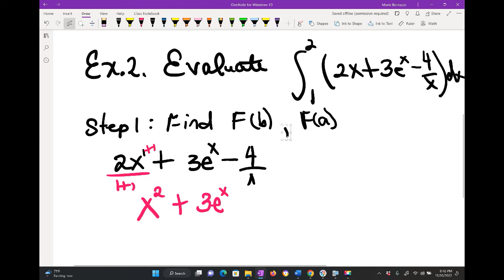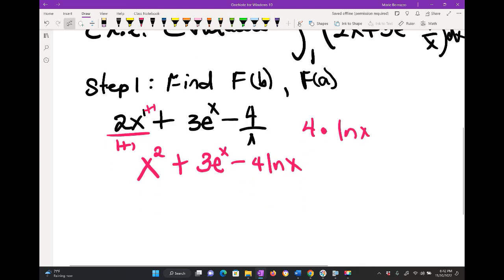And this, as we know, anything over x typically will tell us that this is basically 4 times the natural log of x. Because what's 1 over x? Think about it. So this becomes minus 4 natural log x.